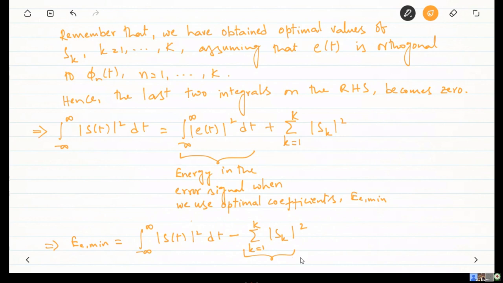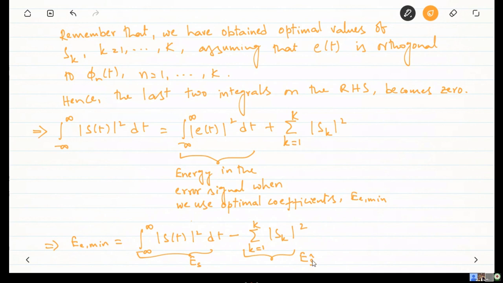I'm claiming this integral is the energy in the signal s of t, and the summation of mod sk squared, where k varies from 1 to capital K, is the energy in s hat of t. So is that correct?